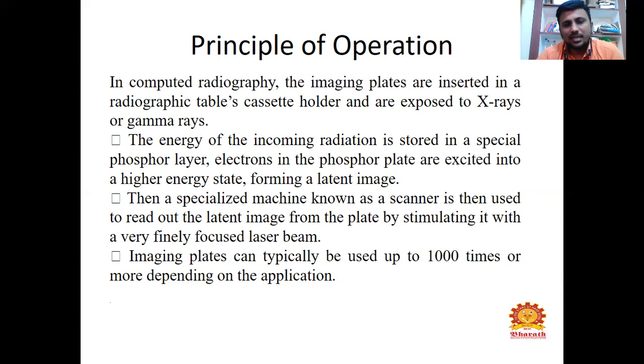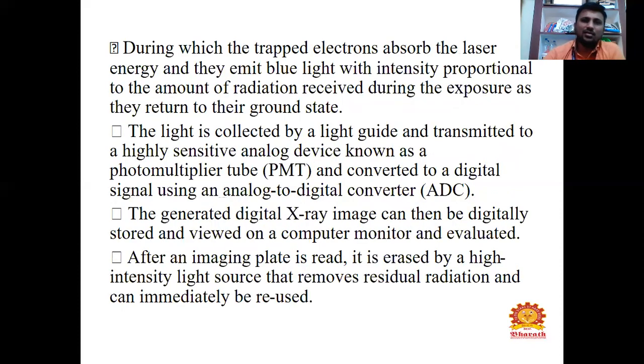The imaging plate can typically be used up to 1,000 times or more depending on the application, during which the trapped electrons absorb the laser energy and emit blue light with intensity proportional to the amount of radiation received during the exposure as they return to their ground state.